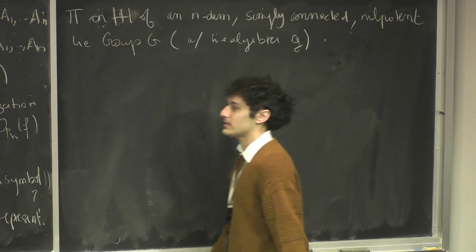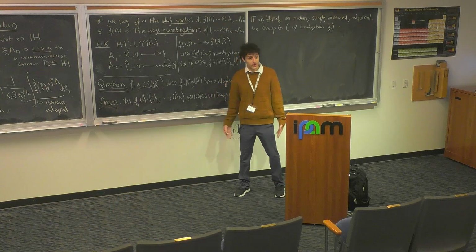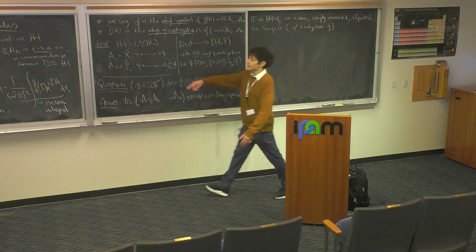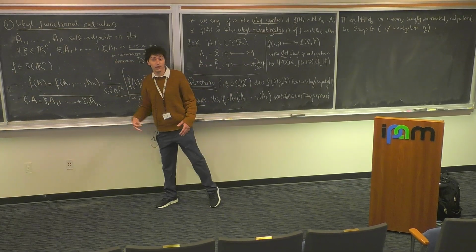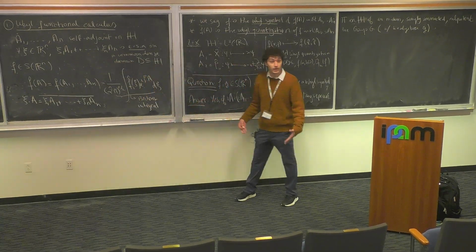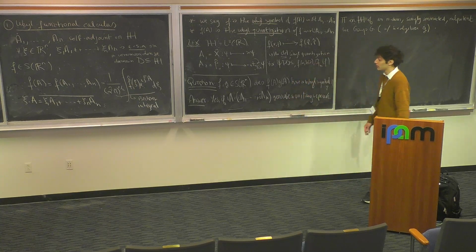So the message is that this functional calculus will be multiplicative if I know that the self-adjoint operators that I'm working with generate the symmetries of a Lie group, and in particular a nilpotent Lie group.